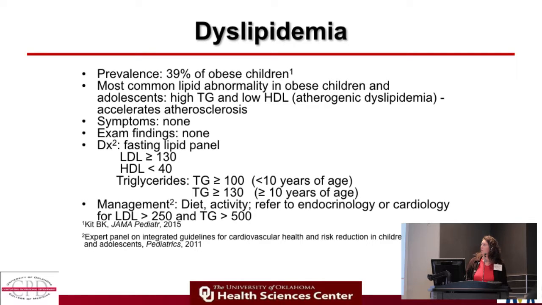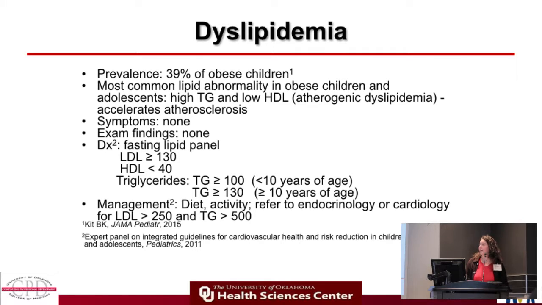I'm going to focus on triglyceride level here. Basically, if it's over 100 and they're less than 10 years of age, or over 130 at ages 10 to 19, then you're going to go ahead and do 6 months of intensive lifestyle management.